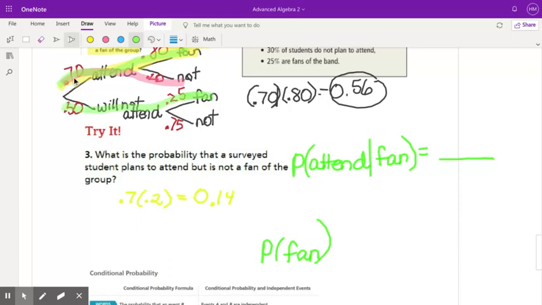So attend and are fans, we said that was equal to 0.56. And then they're still fans, but they will not attend: 0.3 times 0.25. So 0.3 times 0.25 is 0.075. Hold on, my pen is really laggy.